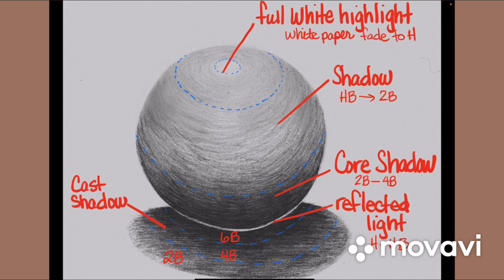All right, so use this as sort of your resource for how to shade, how to map your spherical object. And this works with any medium. You just have to control the sense of value and which value you're going to go to next as you start to work your way over the curve of the orb.